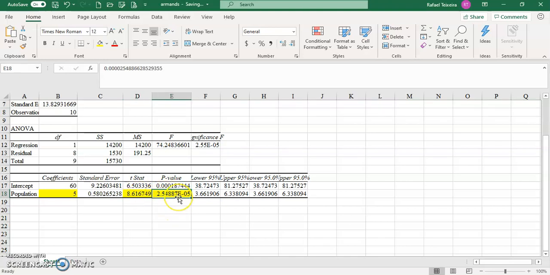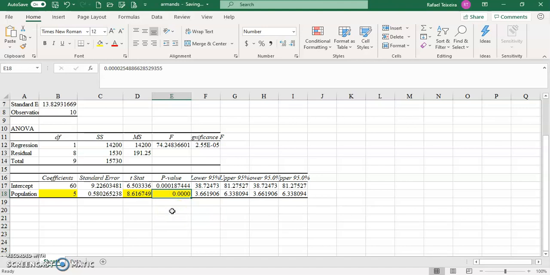Here the p-value is in a scientific format, so we can change this format to a number and increase the number of decimal places. And you can see that the probability value is really small. How small?